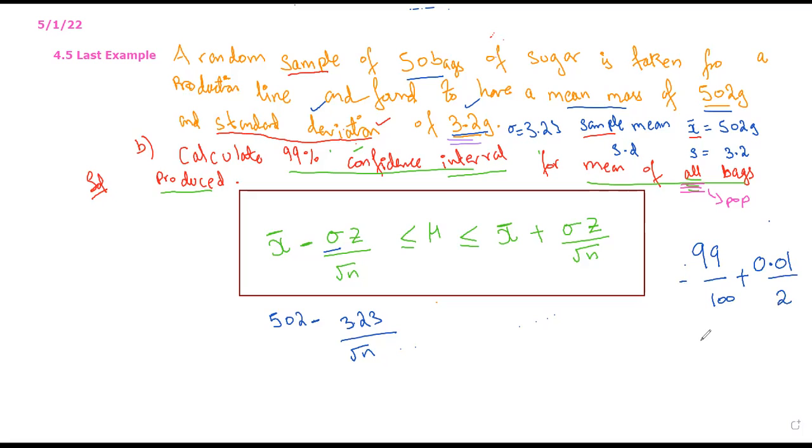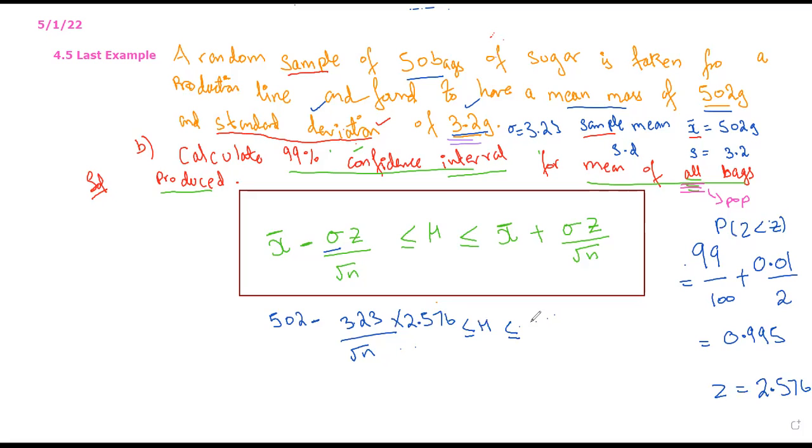So this would basically be 0.995. This is the probability. So you are good with this part. Okay, this would give you z equals 2.576.